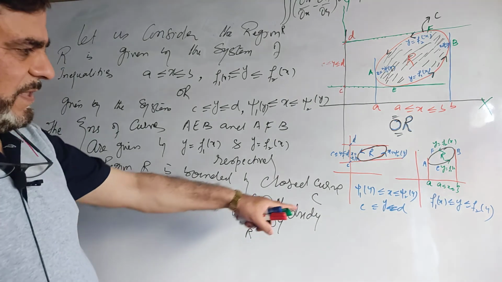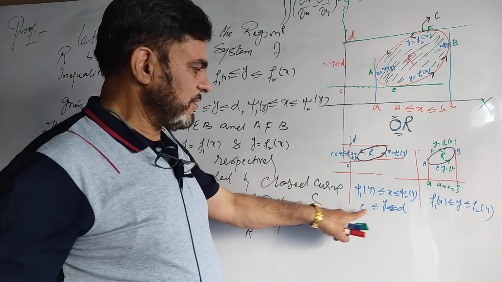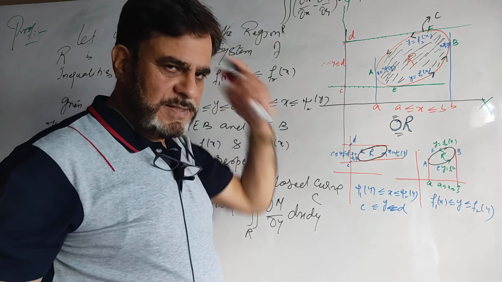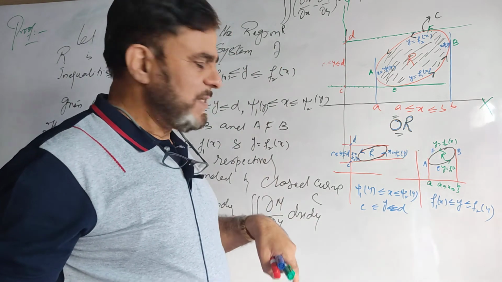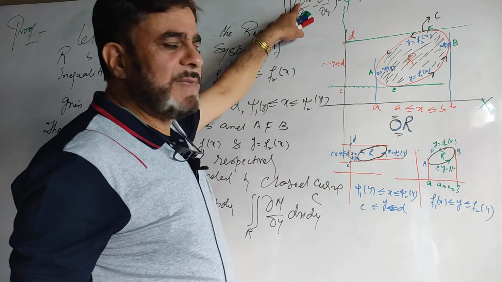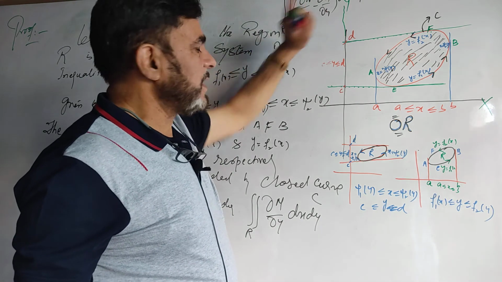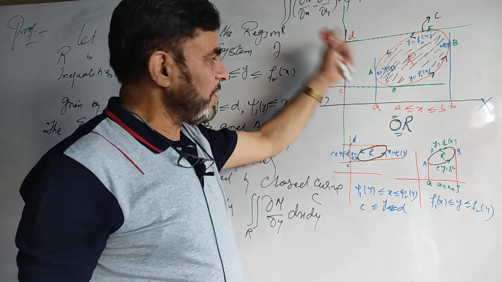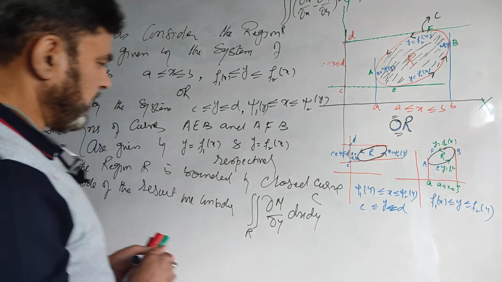Again, I have taken also this region here, y greater or equal to c, less or equal to d. You don't need to write similarly, because in some books, in some proofs, they find del M by del y and say similarly for the other, but we'll find out both, because we have given the region along x-axis and along y-axis. So we take both the things.